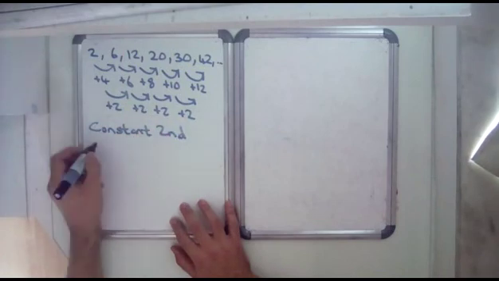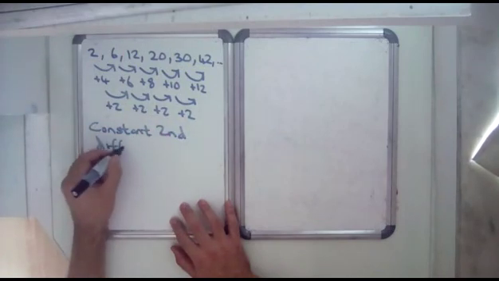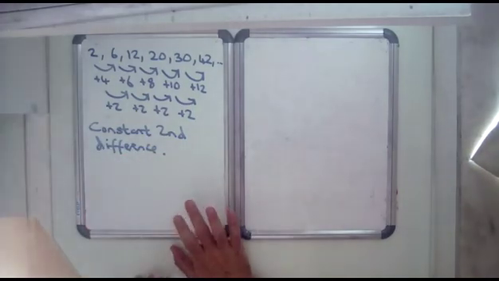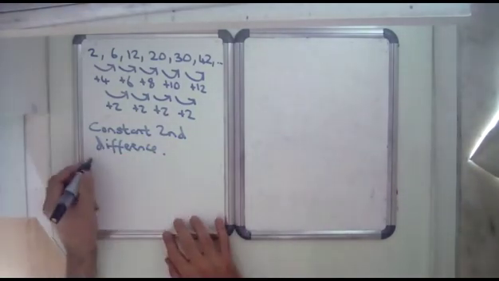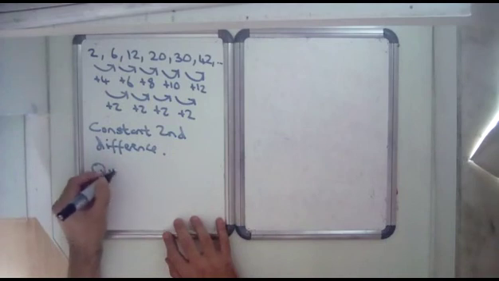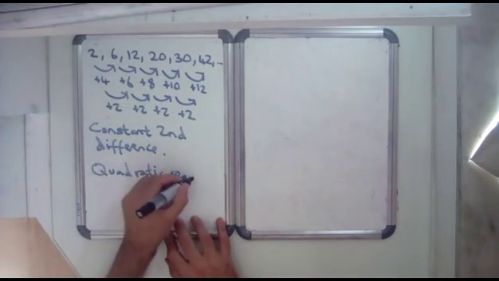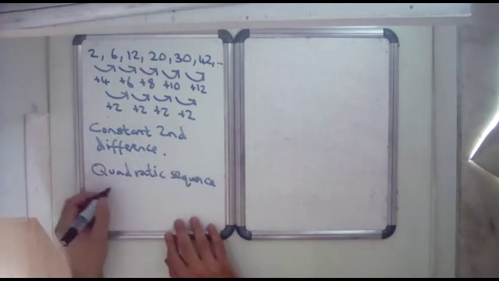second difference. Now if ever this happens, it means two things. It means it's a quadratic sequence, e.g. the nth term is going to be something with an n squared in it.